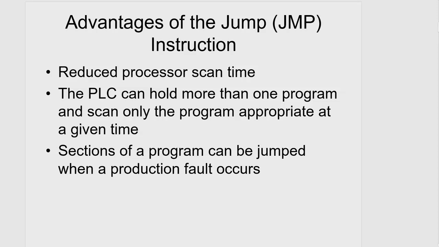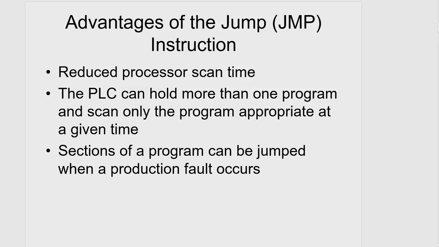Sections of a program can be jumped when a production fault occurs. As I said, I'm not a big fan of the jump instruction, but if I were going to use it, this is the reason I would use it. You could have a sensor or some kind of switch monitoring a procedure, mapped to a bit position in the input image table or data table.